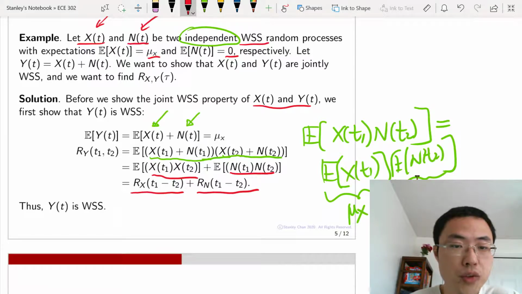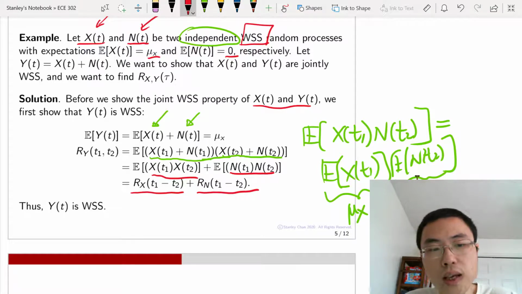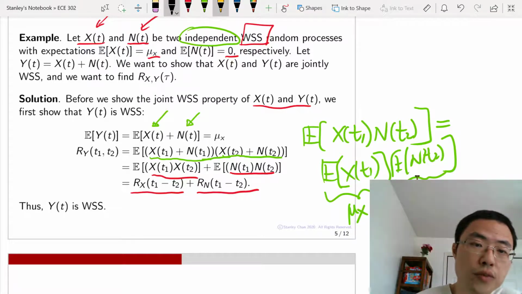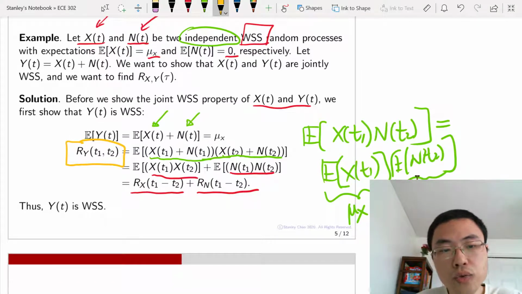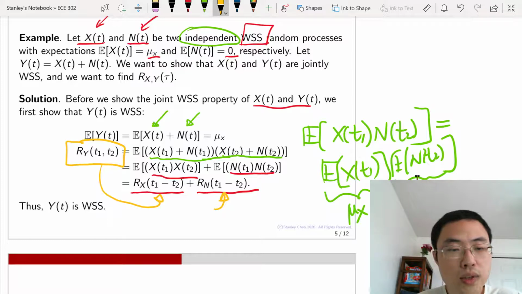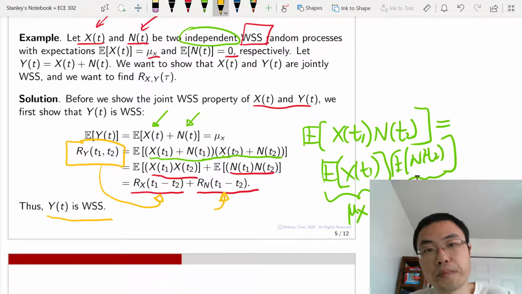They can be written as functions of t1 minus t2 because they are both wide-sense stationary processes. And therefore, you have shown that the autocorrelation function of y is indeed a function of just t1 minus t2, and as such, y(t) is also wide-sense stationary.